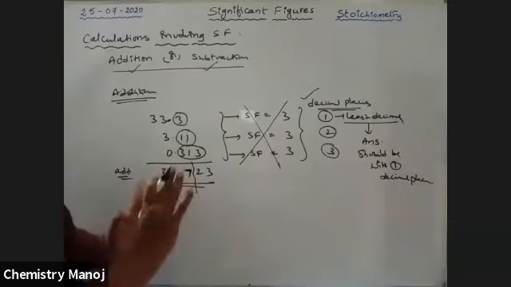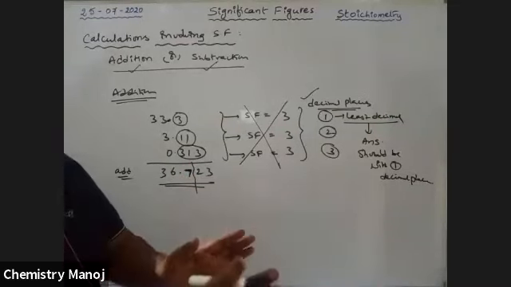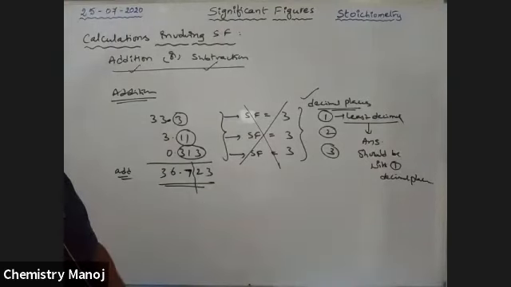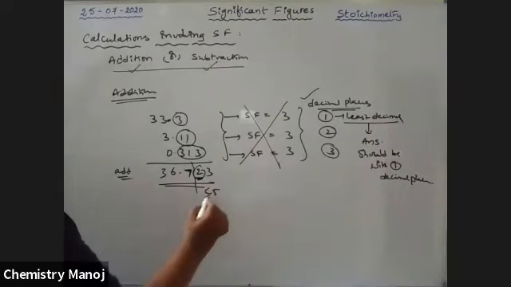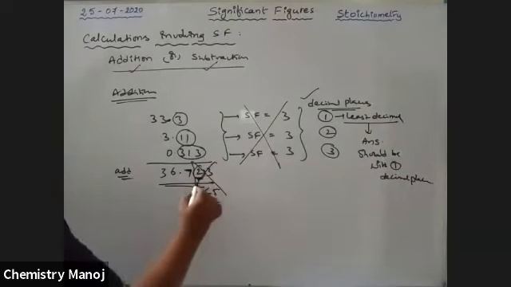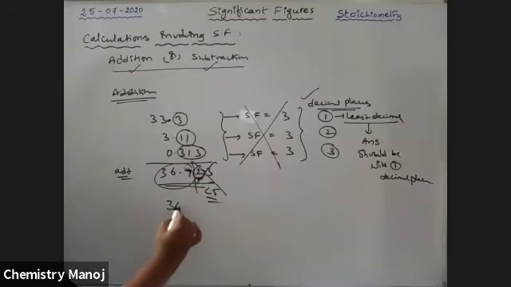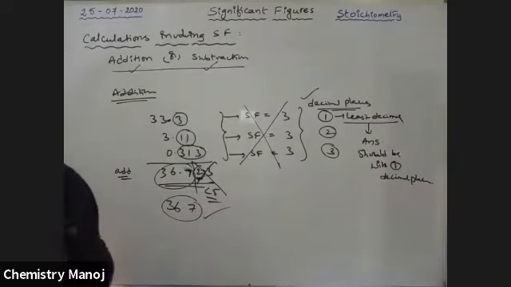Up to 1 follow our rounding off. Just like previously with 2 decimal places, here I am going to neglect this value. It is less than 5, and less than 5 is directly neglected. Therefore, our answer is 36.7. It is the correct answer.